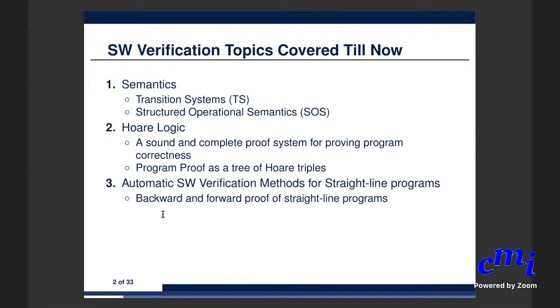So the backward proof consists of strictly applying the assignment rule backwards from the postcondition to the precondition, and showing that the assumption implied the weakest precondition derived, and the forward proof pushed the precondition of the program forward, computing the strongest postcondition at every step, and then getting the strongest postcondition for the entire program.